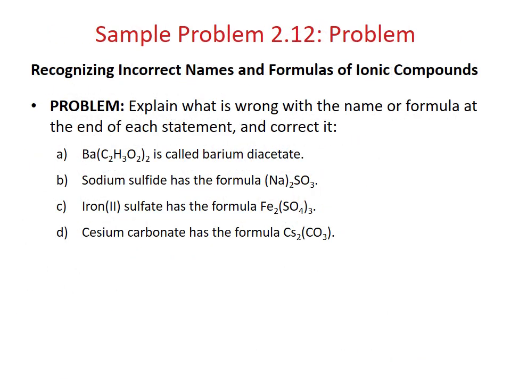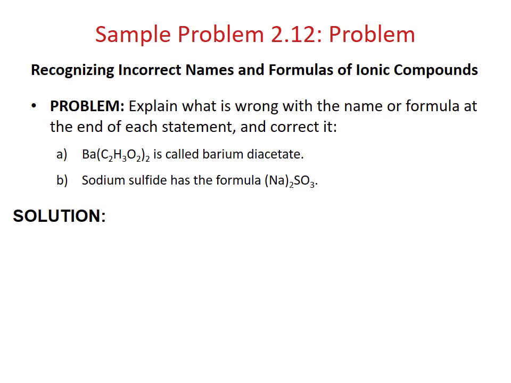Sample problem 2.12. Explain what is wrong with the name or formula at the end of each statement and correct it. In A, we have cation positive charge barium, anion C2H3O2. Now in previous slides, we showed polyatomic ion.